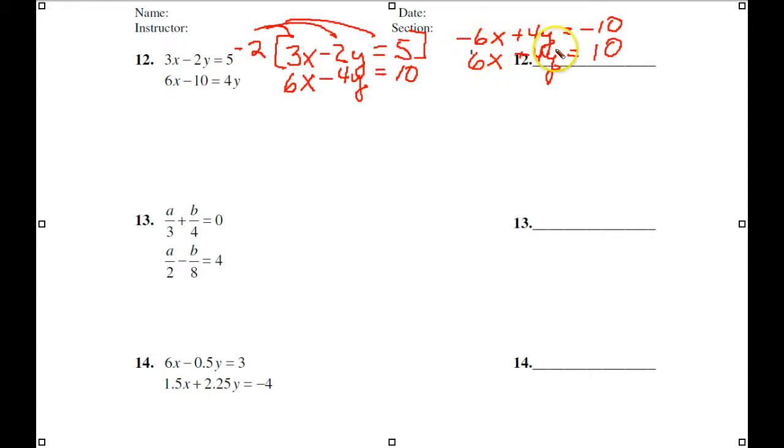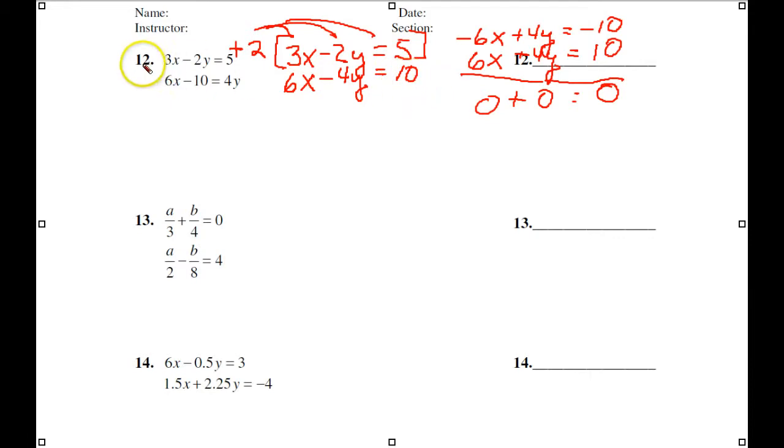I end up with exactly the opposite. So this cancels out, this cancels out, and this cancels out. In fact, if I had multiplied this by a positive 2, I would have seen I've got exactly the same equation.